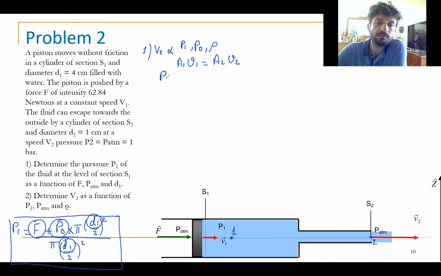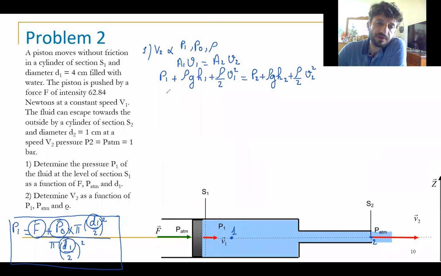And P plus rho g h plus rho over 2 V squared is a constant value at any point inside the medium. We can take it at point 1 or point 2.